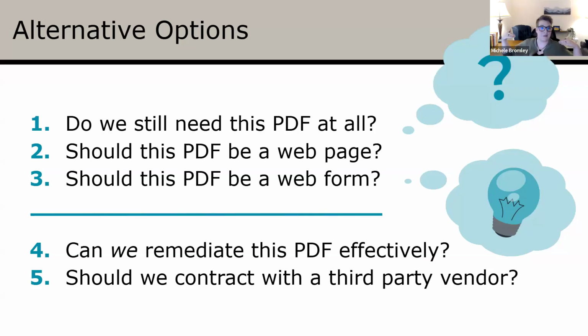you're working as a university to meet accessibility guidelines. You've got this pool of PDFs. You're going through and deciding which ones can we convert to HTML, which ones can we send into the archival abyss. And that's when you want to be thinking about, hey, can we engage with the authors? Can we engage with the department?